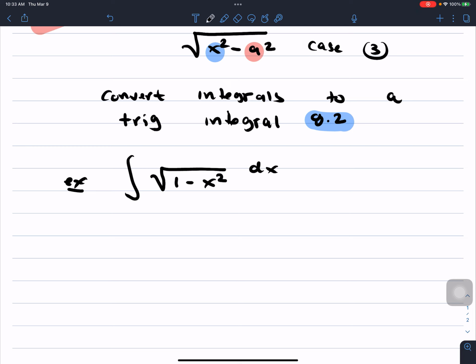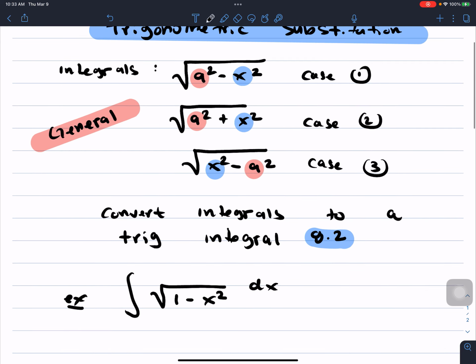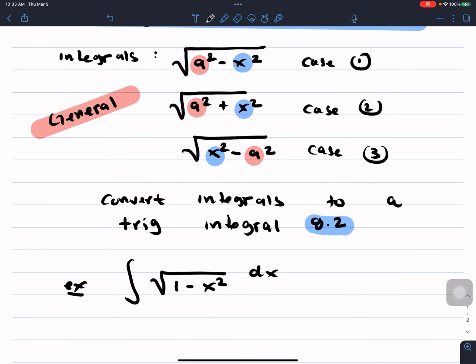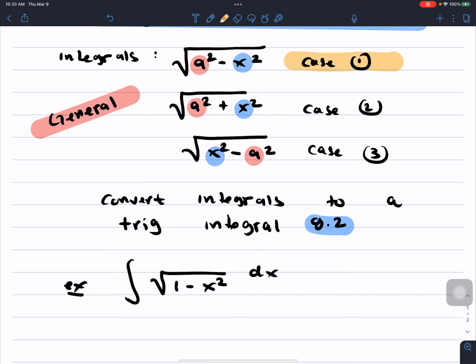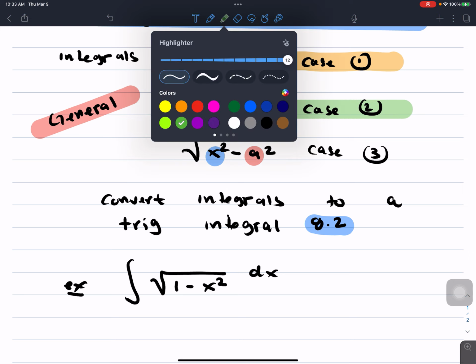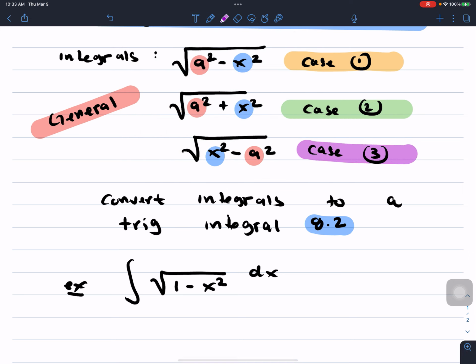All right, so as you guys can see, what am I really looking at? I'm looking at which one of these cases here. You have an integral with a radical. So which case would you guys say this is: 1, 2, or 3? I'm going to say case 1. Good. How could you say it's case 1?